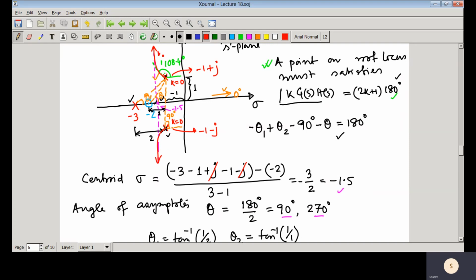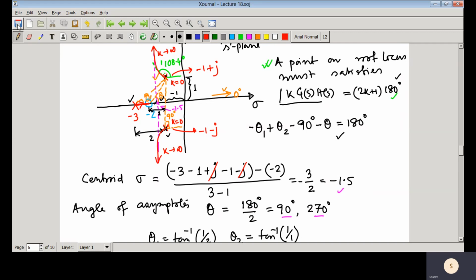And you can see here when k tends to infinity, the root locus follows the asymptotes and it would be a straight line. In this particular one, the root locus is going from -3 to -2, and two branches are like that, and this angle is called the angle of departure.